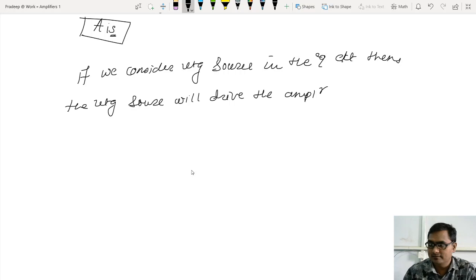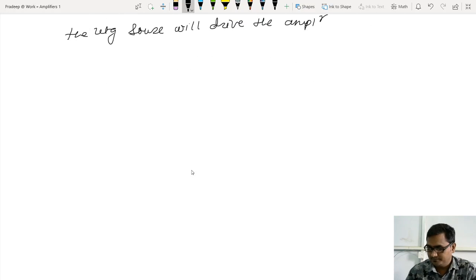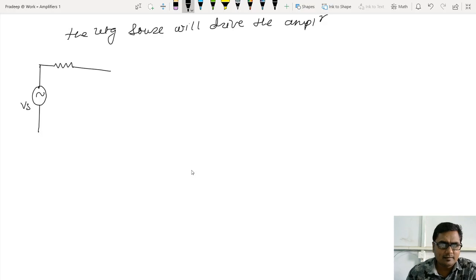So let me draw the equivalent circuit first with reference to the source voltage. So here I have a source voltage, I will call this source voltage Vs. This is a small resistance Rs, and this is something that I will call Rin.